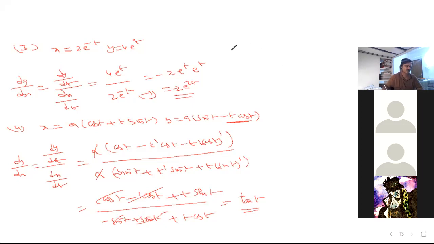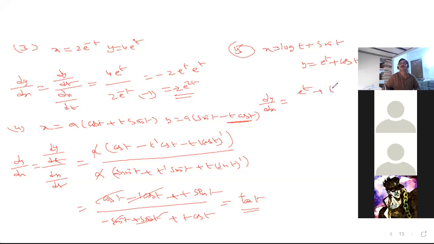And one more question, see what it will be in this. Fifth one. x is equal to log t plus sin t, and y is equal to e to the power of t cos t. You please tell me here, dy by dx is equal to, I have to differentiate this now.